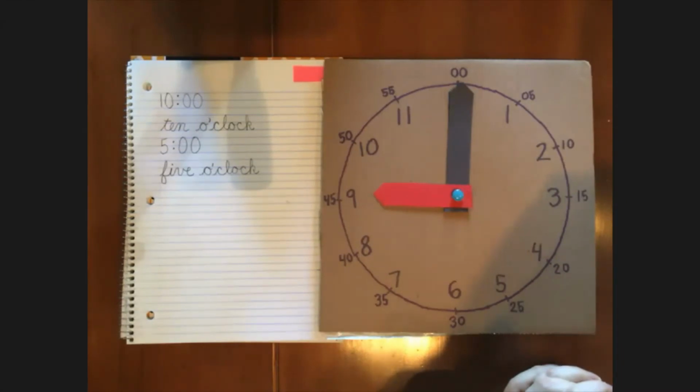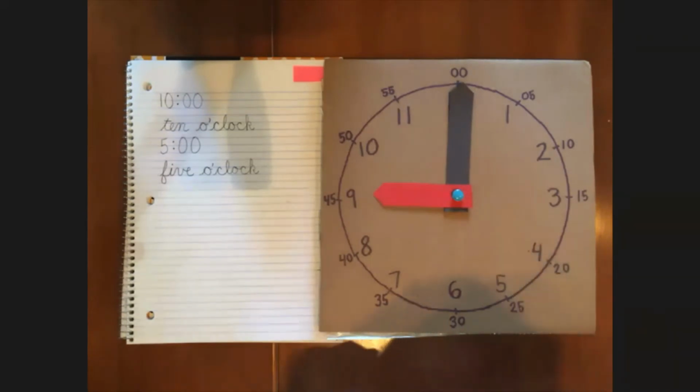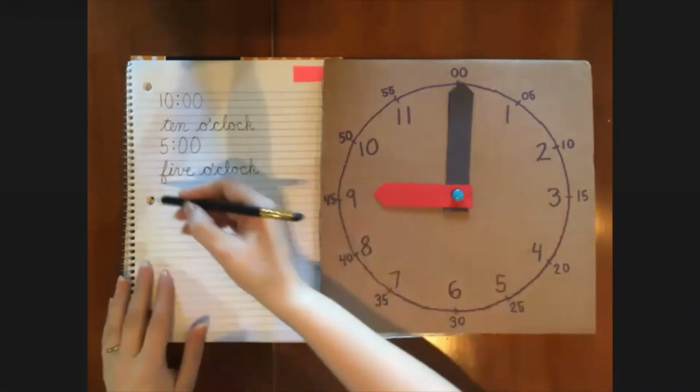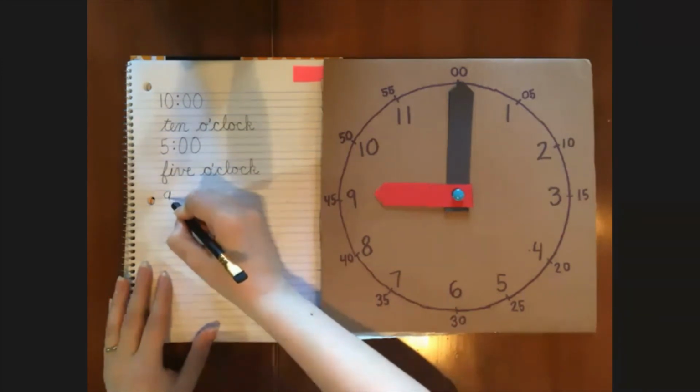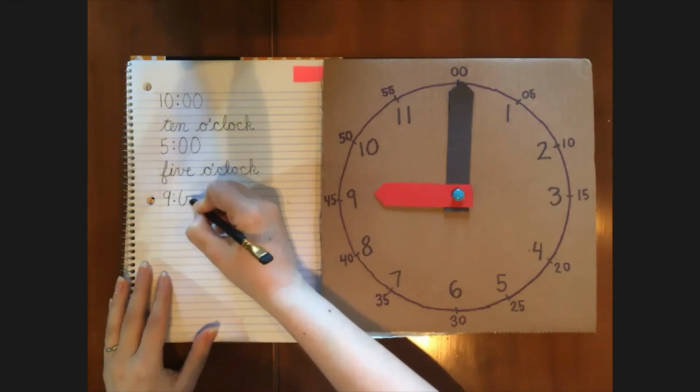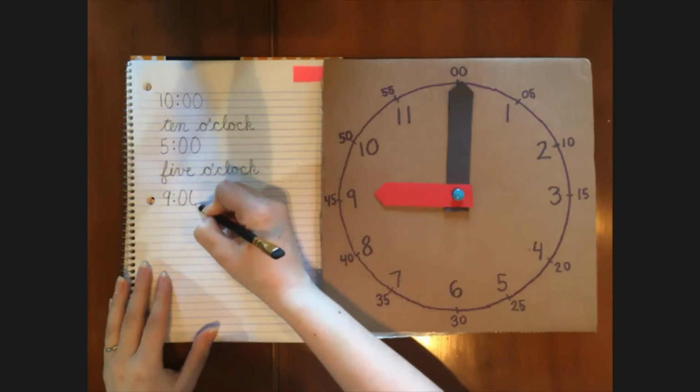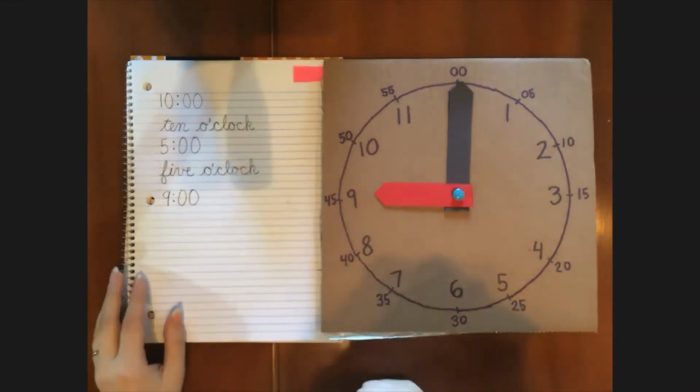And I'd like for you to guess what this says. If you said 9 o'clock, you're right. Let's write 9 o'clock. We'll do the symbols first. Nine o'clock.